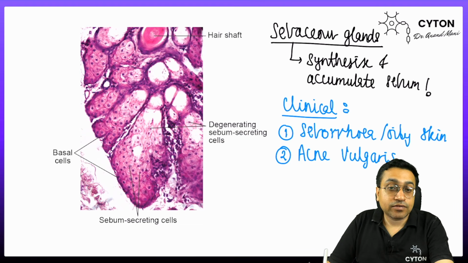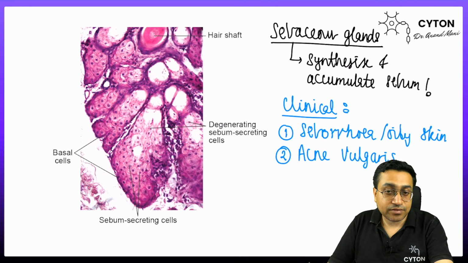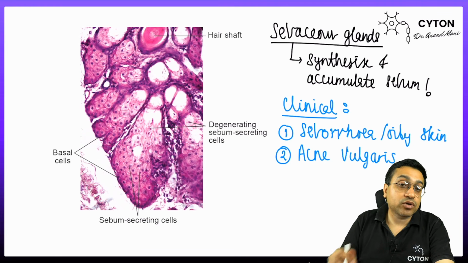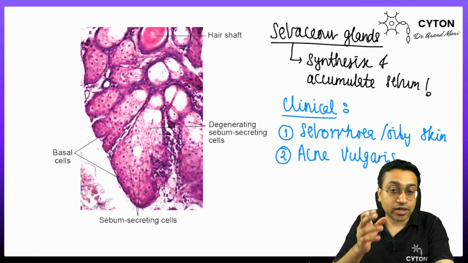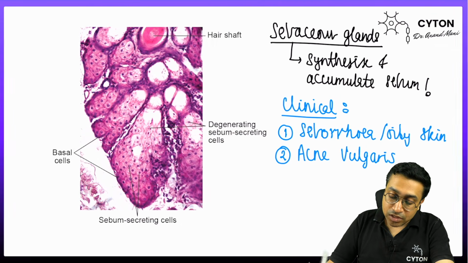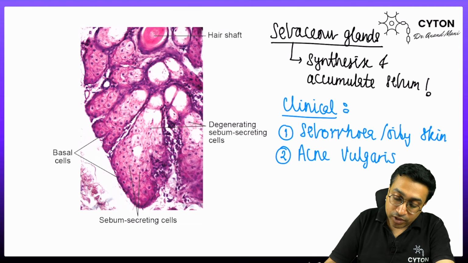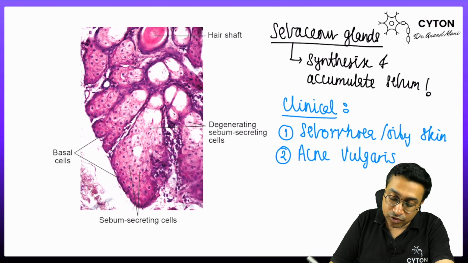Acne vulgaris occurs during adolescence in both the sexes. So hair follicles get clogged with the dead cell debris and the sebum. Okay, so that I told you. So you can see this hair follicle, you can see these sebaceous glands. This is the hair shaft which is shown here. So sebum secreting cells which you can find here. This is the classical pattern which you will find, sebum secreting cells.